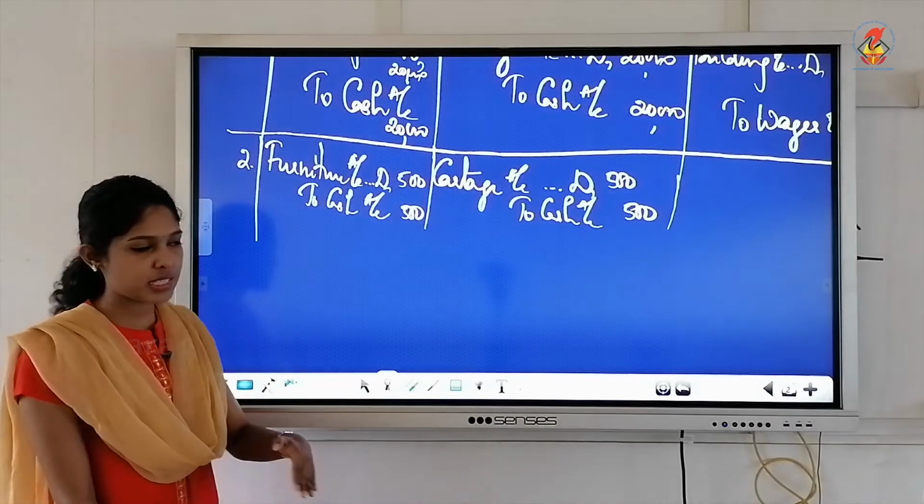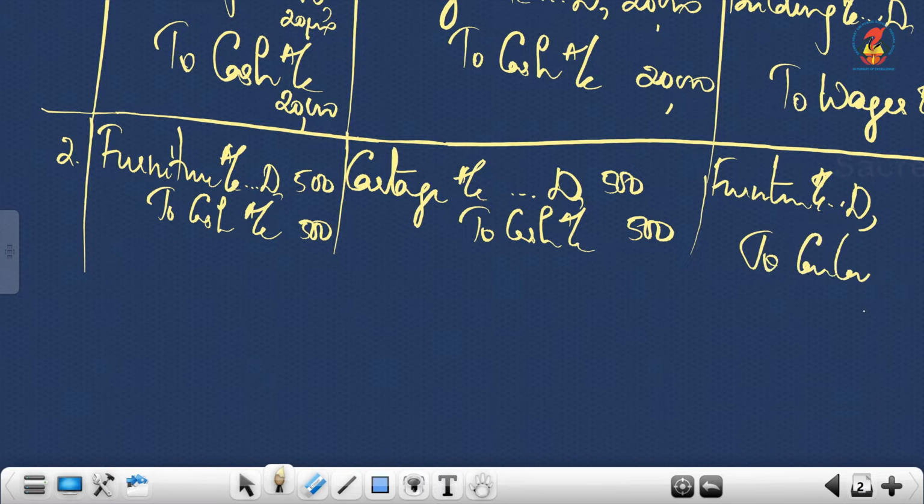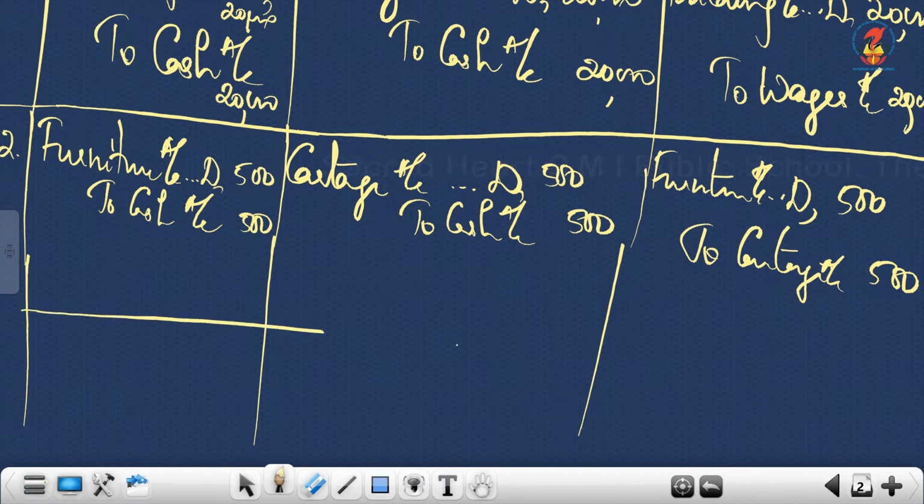Cartage is to be cancelled. So finally your rectification entry will be furniture account debtor to cartage account. When it is error of principle, it is easier for you to write the rectification entry. Anyways, there won't usually be compound entries for errors of principle.